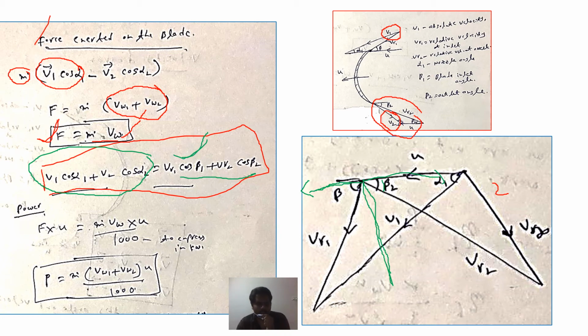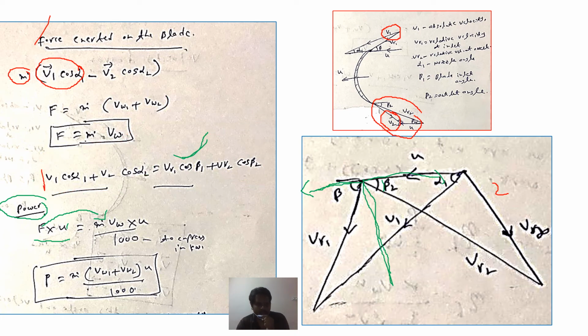Now let us find power. What would be the output? Power is the output. When steam flows over the blade, it exerts a force on the blade, so it will give some work. That is the power. The power equals force into velocity of the blade. U is the velocity of the blade, and the force we already derived.